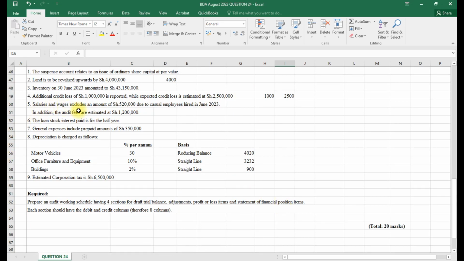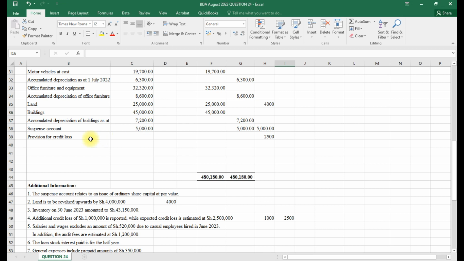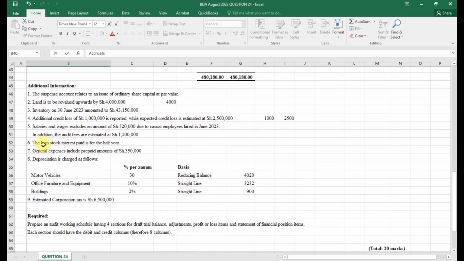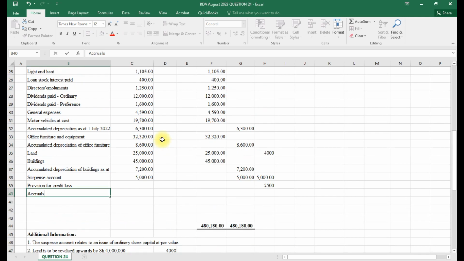Salaries and wages excludes an amount of 520 due to casual employees hired in June. So these are accruals. I'll create accruals here. For the accruals, we have 520, so you shall have an accrual of 520.